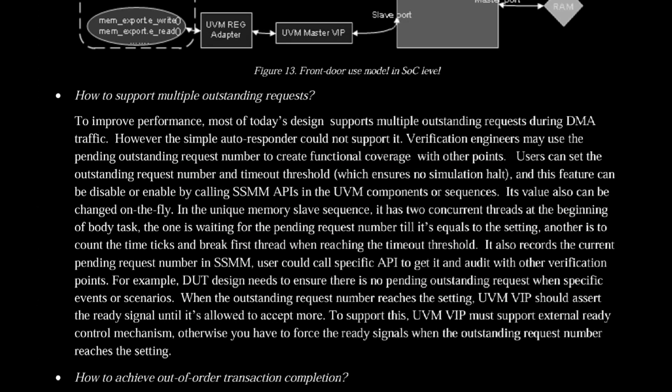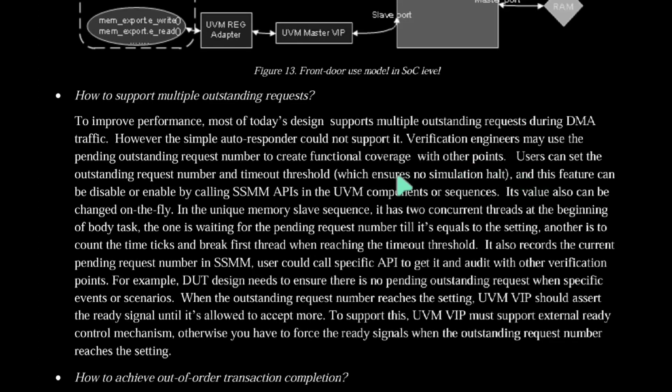User can set the outstanding request number and a timeout threshold, which ensures no simulation halt. This feature can be disabled and enabled by calling SSMM APIs in the UVM components and sequences. Its value also can be changed on the fly.